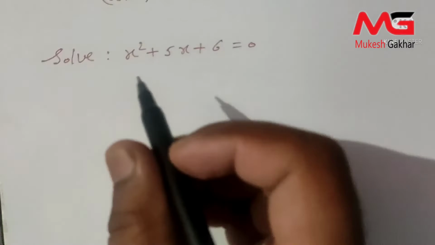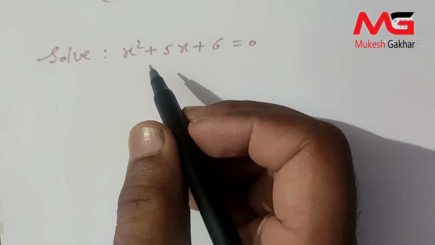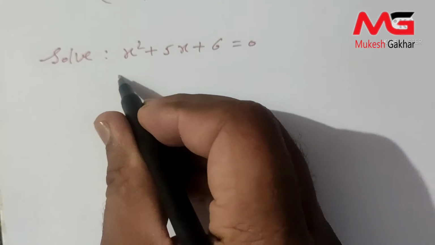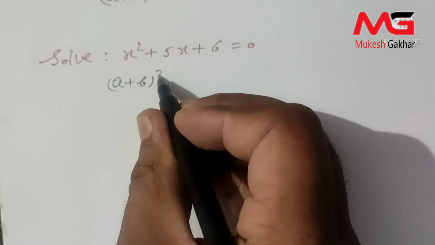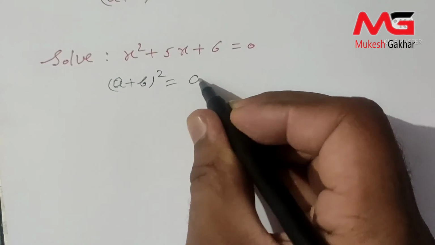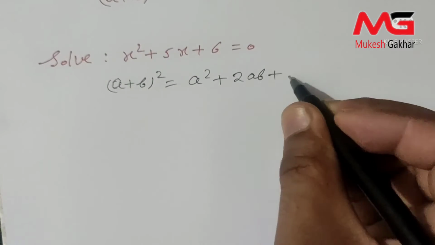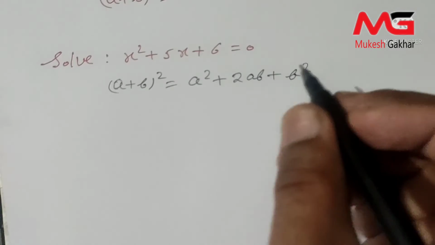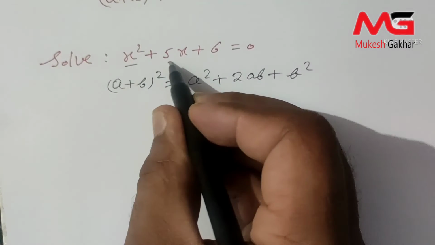So we will solve this question by using the completing square method. For this we have to remember this formula: (a + b) whole square is equal to a square plus 2ab plus b square. So at first we have to look at only the first two terms, x square and 5x.